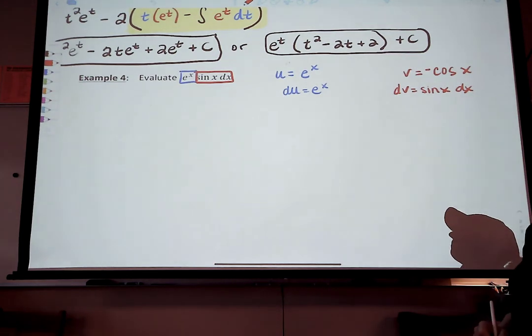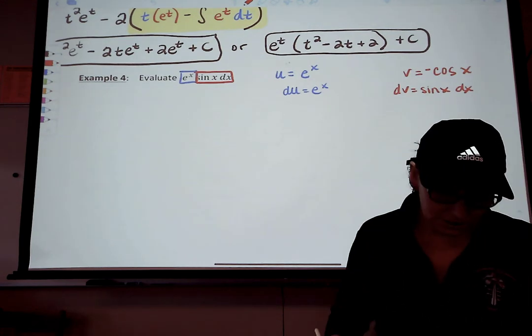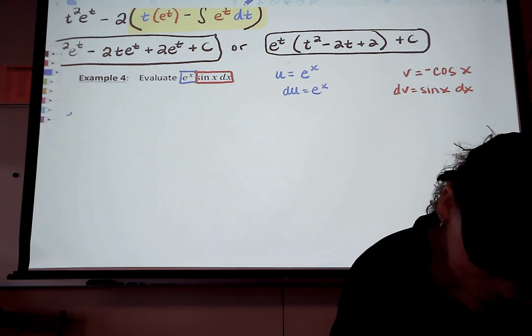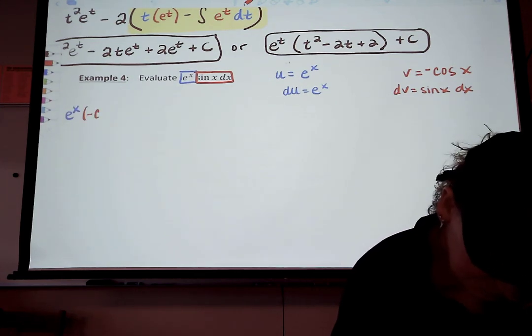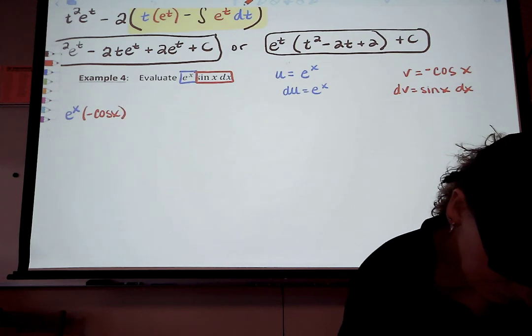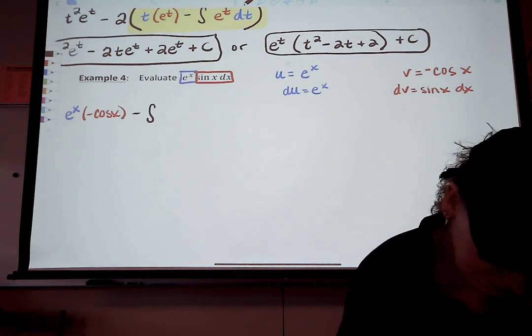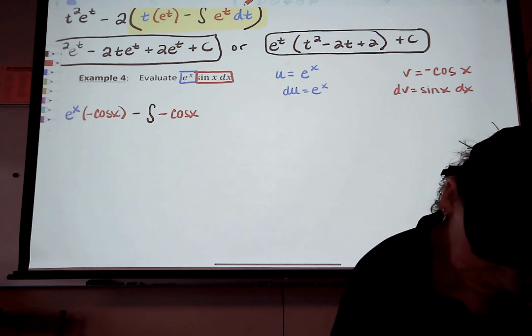There we go. Okay. Let's see what happens. We've got uv minus the integral of v du.